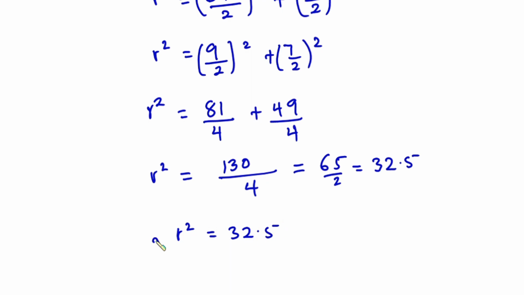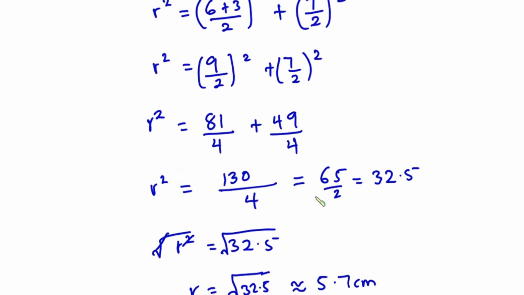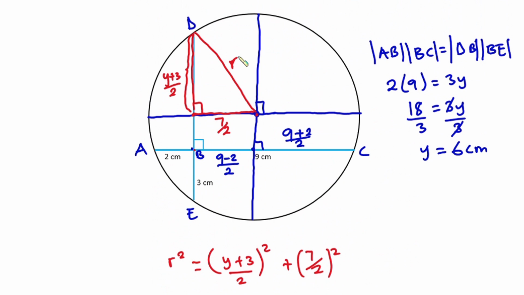Now we are looking for R, so let's take square root on both sides of the equation. This square will cancel this. Now we have R is equal to square root of 32.5, which is approximately 5.7 centimeters. So this implies that the radius of the circle is equal to 5.7 centimeters.